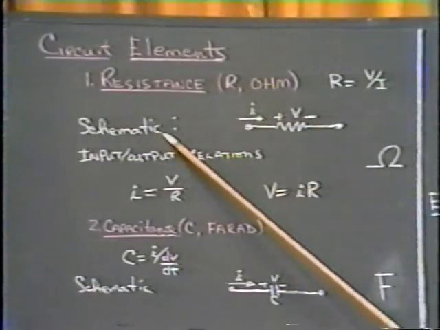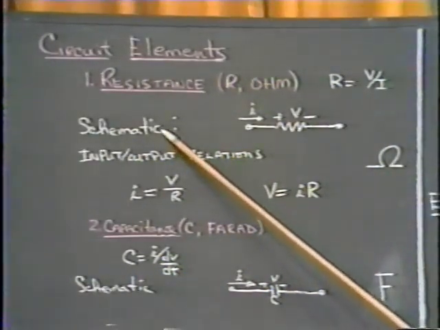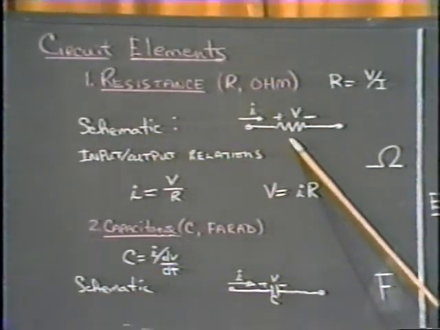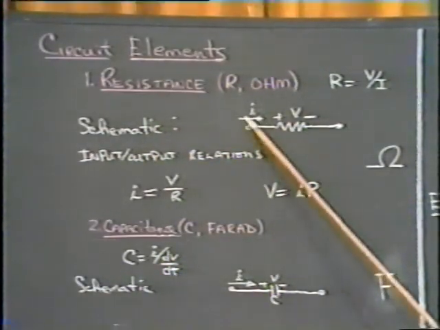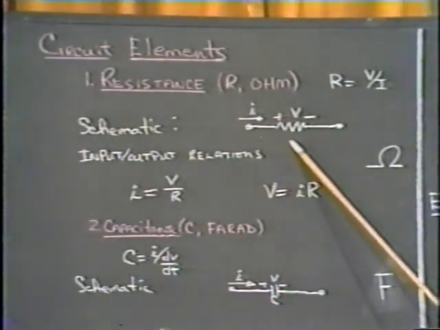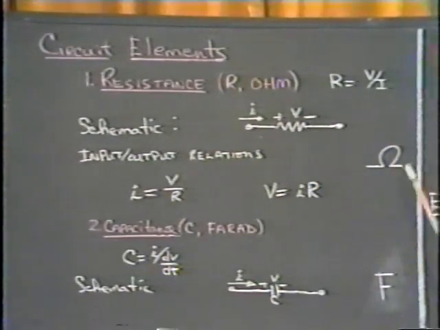This is our circuit schematic, our way of representing a resistor in the circuit. It also has a current associated with it and a voltage, and the symbol for the resistor is an R. We use the symbol omega as a shorthand notation for ohms.